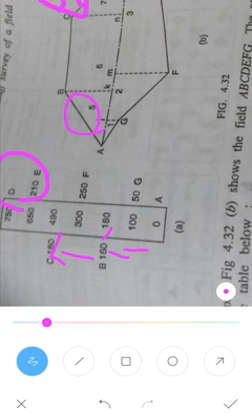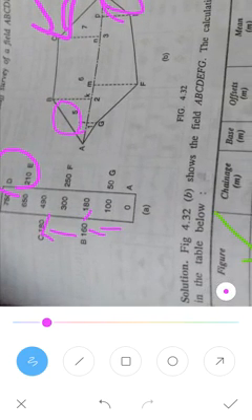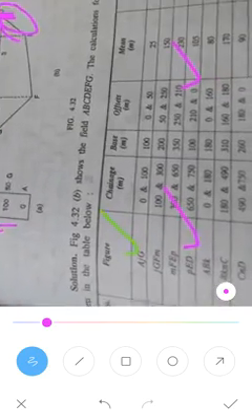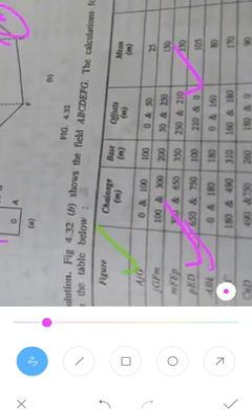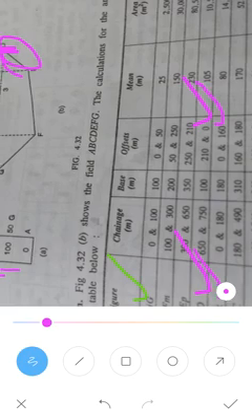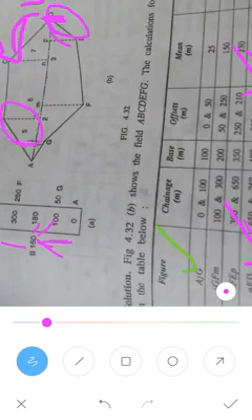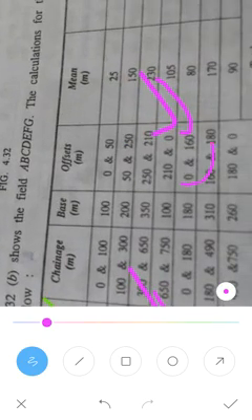So this is ABK, no? ABK offset is 0 to 160. That's why I have written offset as 0 to 160.